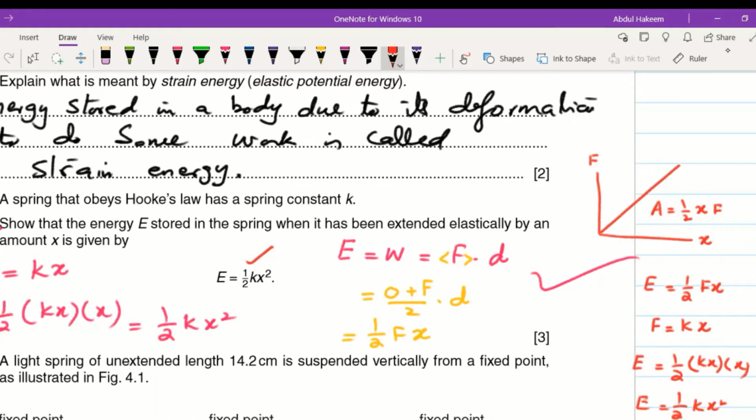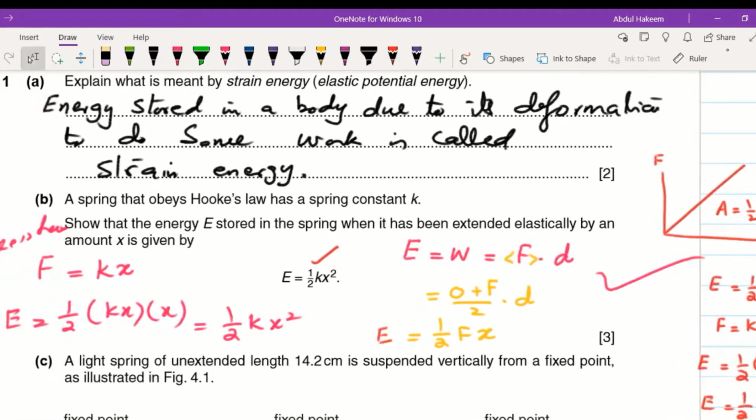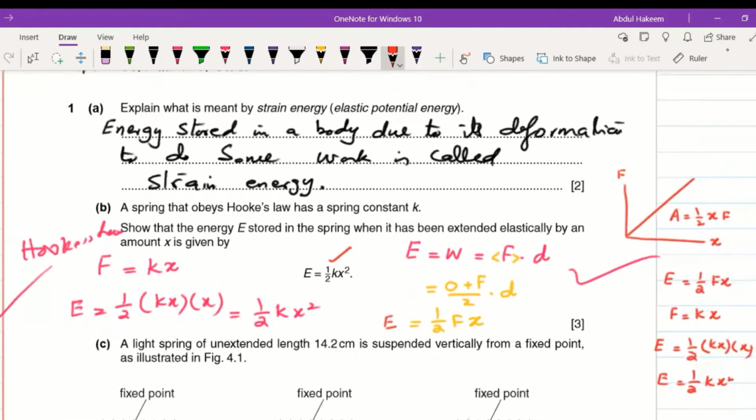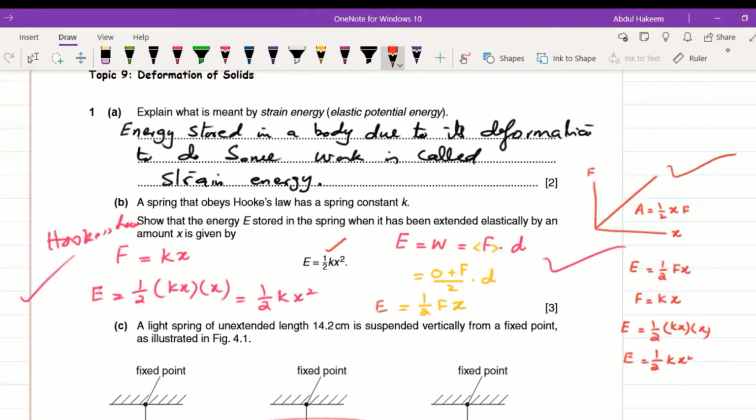So energy is equal to half Fx, and F is equal to Kx, so 1 by 2 Kx into x, half Kx square. So use either this graphical method or this average force method for the work.